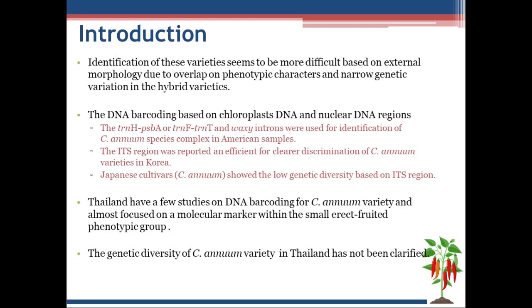The ITS region showed high efficiency for clear discrimination of Capsicum annuum varieties in Korea, whereas it showed low genetic diversity in Japanese cultivars. In Thailand, genetic diversity among local Capsicum annuum varieties has had few barcoding studies and the relationships were not clarified.